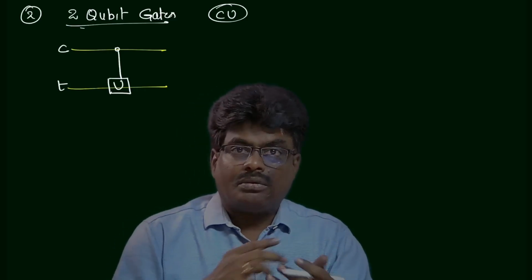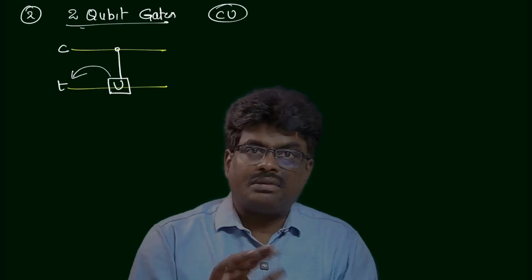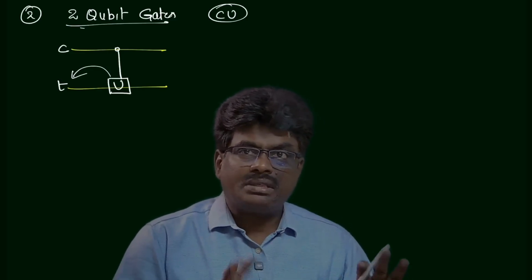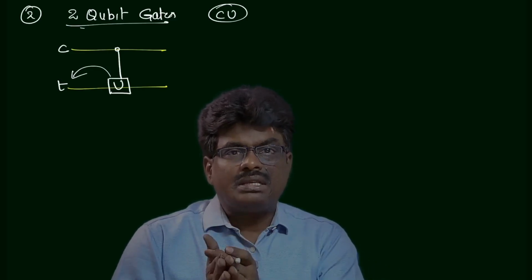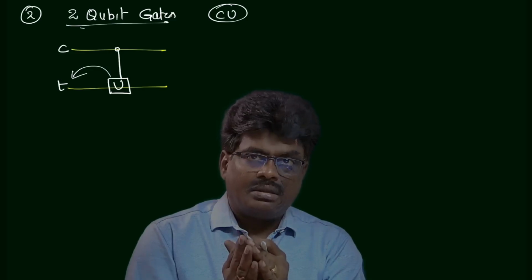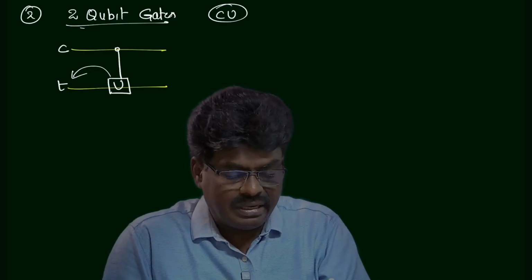Now you know if C is 1, then only this operator U will operate on T, otherwise no change. Output is CT as usual, tensor product of C and T. But only whenever C is 1, then U operates on T. This is what we have discussed, generally.